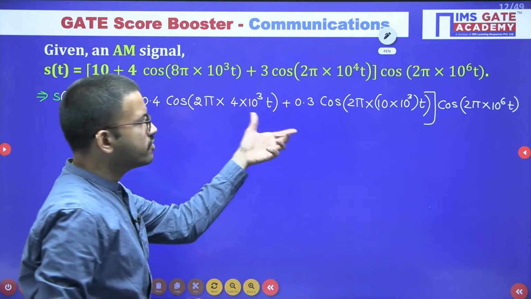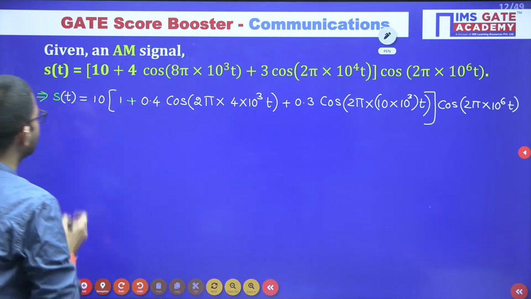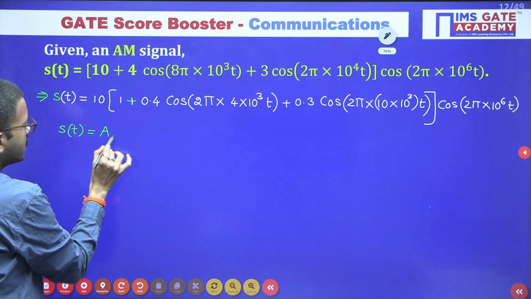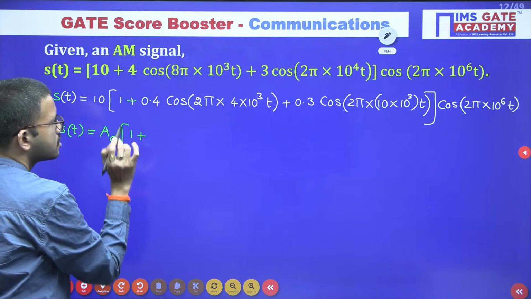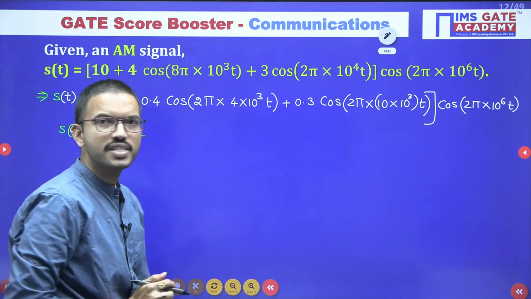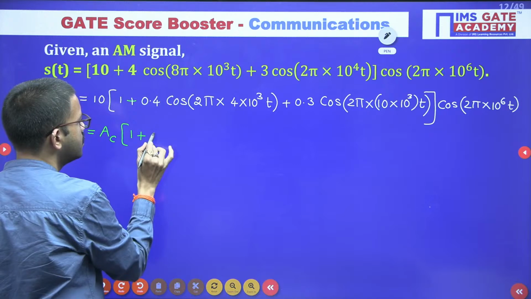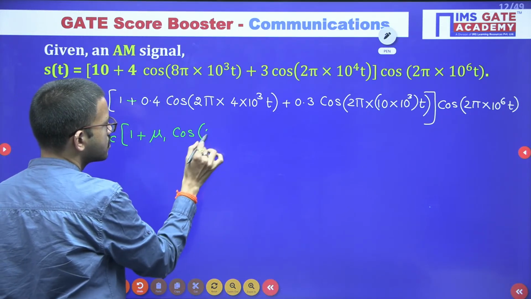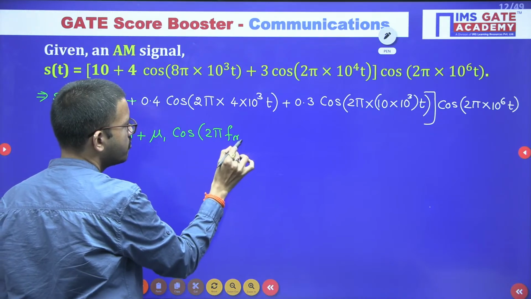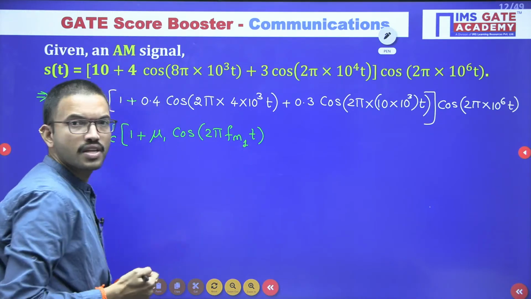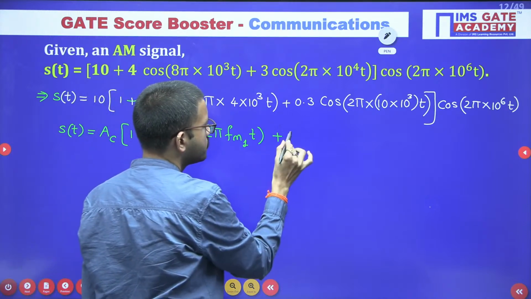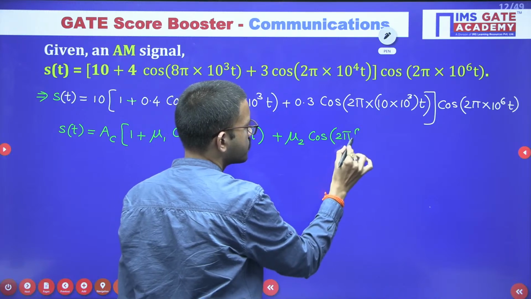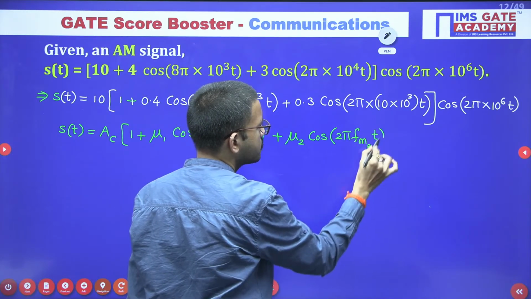Now you can compare this equation with the standard equation, right? Our standard equation is S of t equal to Ac into 1 plus, since you have two frequencies in the message signal, accordingly I am writing the representation: 1 plus mu1 cos 2 pi fm1 t plus mu2 cos 2 pi fm2 t.